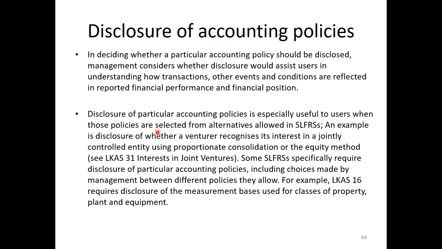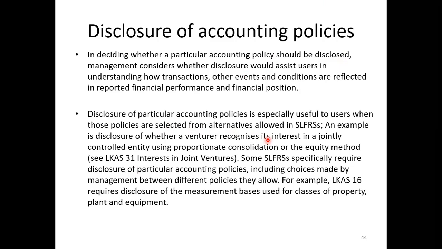Disclosure of particular accounting policies is especially useful to users when those policies are selected from alternatives allowed in SLFRS. So there are different, alternative methods available in the standard. When they choose one among others, they have to give some notes.